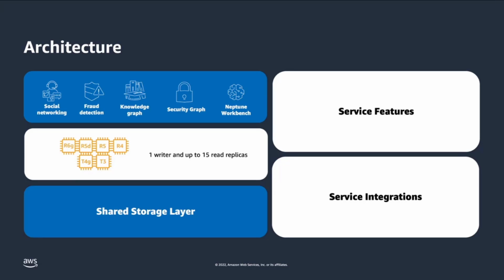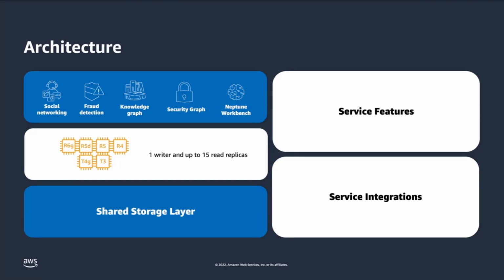There's always one writer instance, or primary instance. That primary instance can be scaled anywhere from our smallest, a T3 medium, up to an R5 24XL. If you have high memory demands on your application, we also recently released support for the X2G family of instances. So you can scale that writer up to any of the sizes available there in a vertical manner.